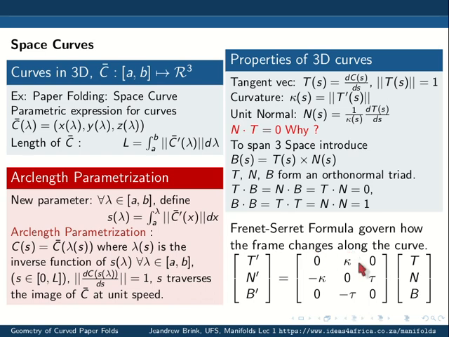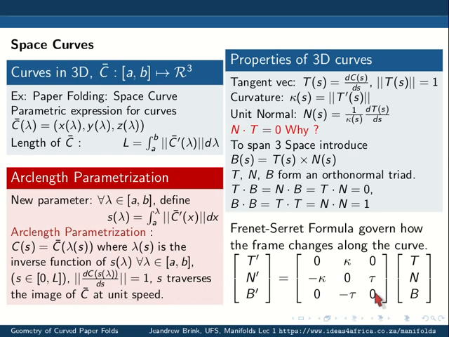But it's not arbitrary. The fact that T dot T is 1 tells me that T prime dot T is 0, and therefore that 0 is there. The same thing is true for N prime dot N, means that 0 is there, and B prime dot B means that 0 is there.